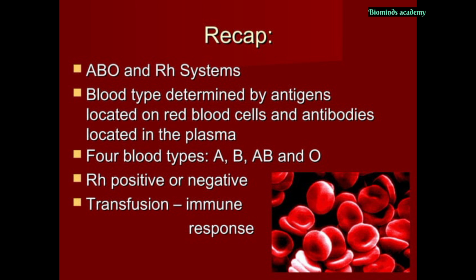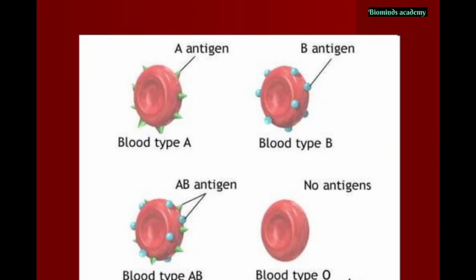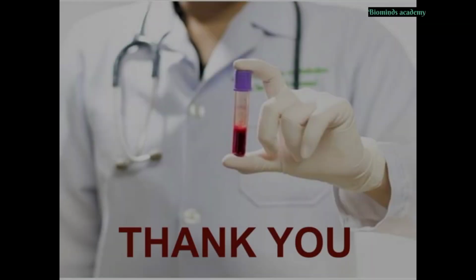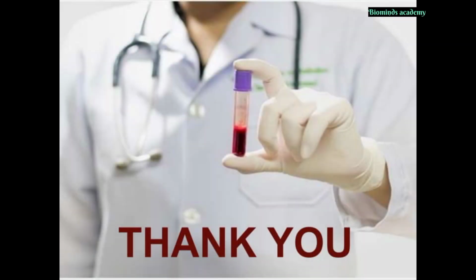The transfusion is dependent on the immune response, that is, whether antibodies are present or absent. In blood type A, antigen A is present. In blood type B, antigen B is present. In blood type AB, both antigens are present. In blood type O, the antigens are absent. I hope you understand it very well.